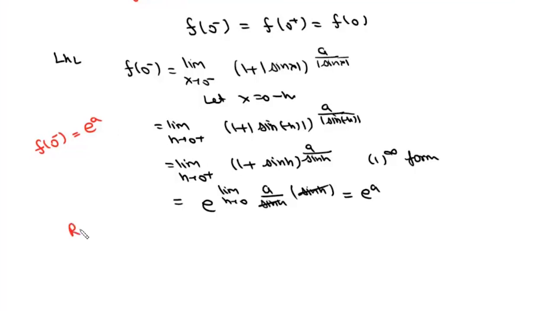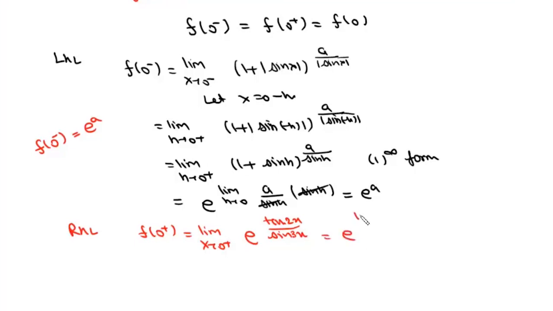Now we'll write its right hand limit, which is f0 positive and it is limit x tends to 0 positive e to the power 10x upon sin 3x. Now since exponential function is continuous, we'll take it in the power of e.